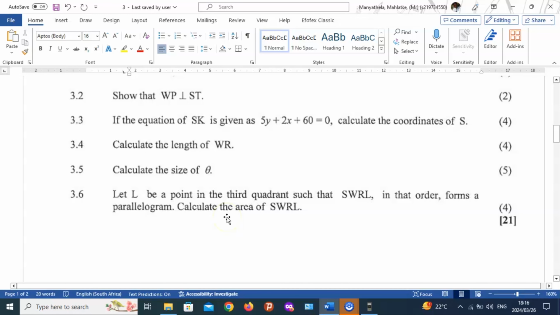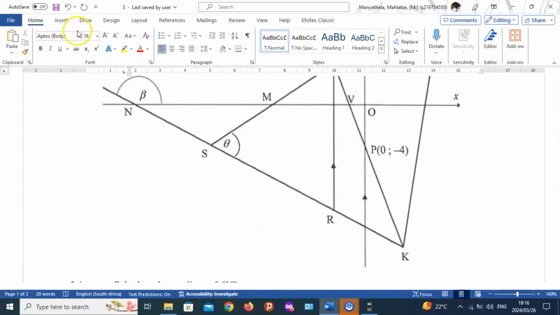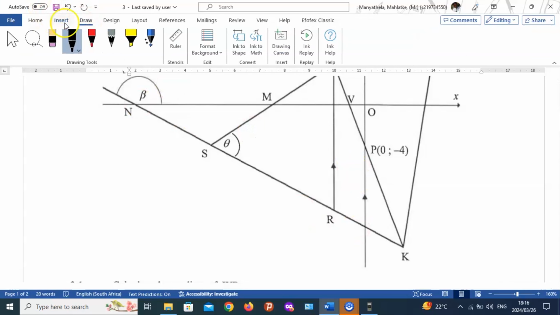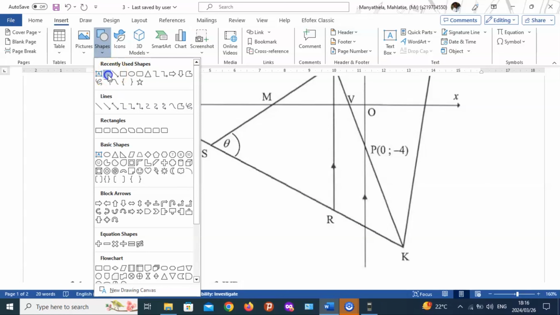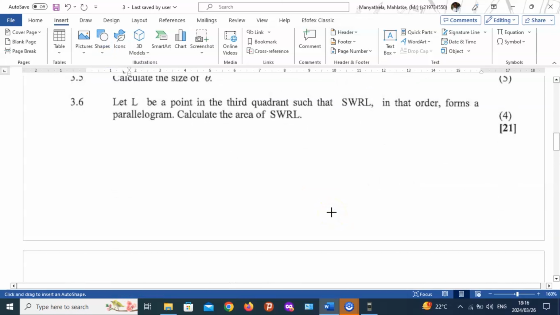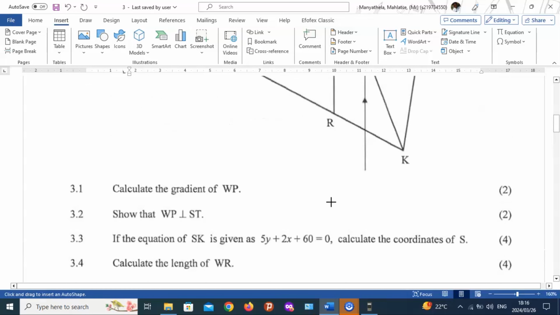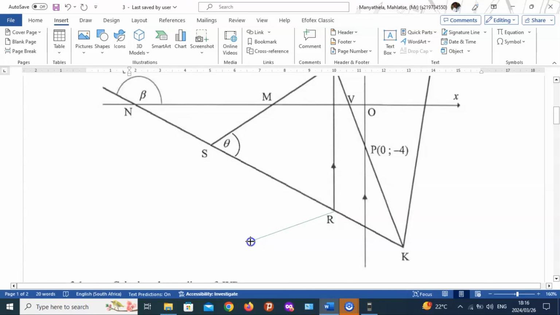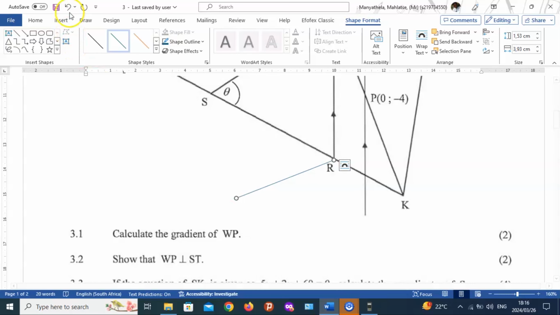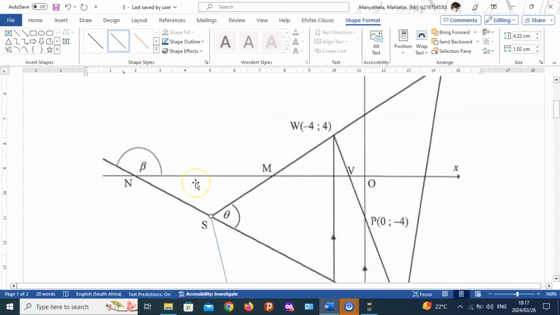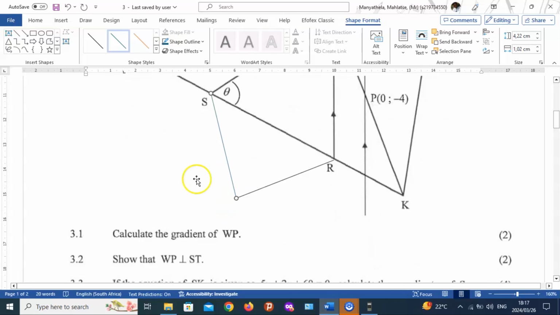Okay, let's go to the last question. It says, let L be a point in the third quadrant such that SWRL, in that order, forms a parallelogram. Calculate the area. So I'm going to draw a line parallel to SW, and at the same time a line parallel to WR.